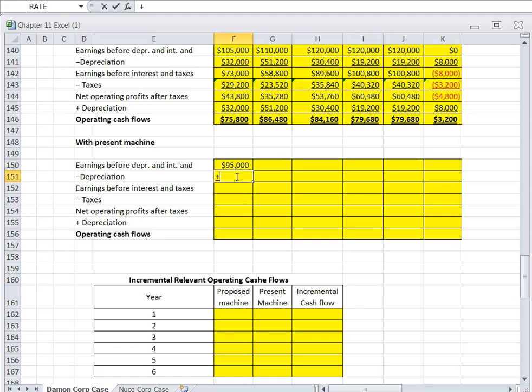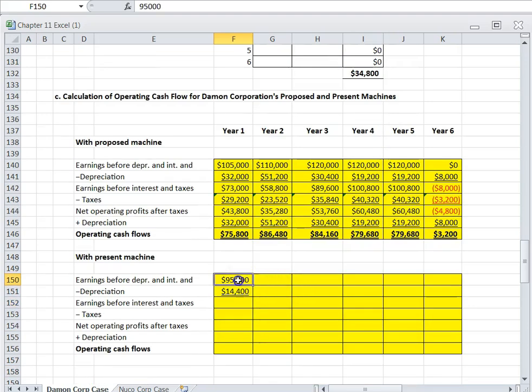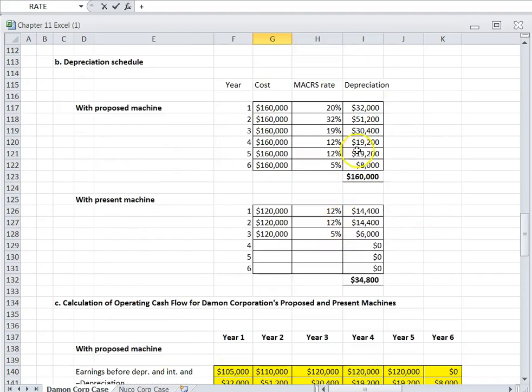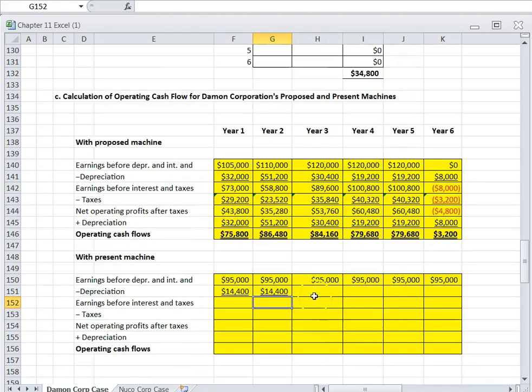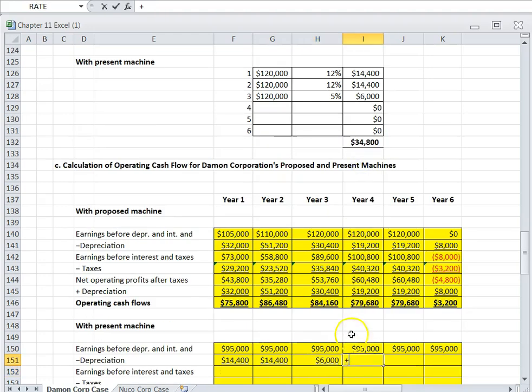And then the depreciation, we have a depreciation schedule up here that we calculated. For this, I could drag this across. But because we have a thing with vertical and horizontal, it's not so easy to copy across, so I have to do them one by one.